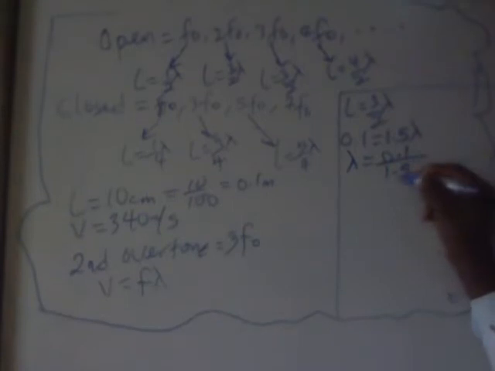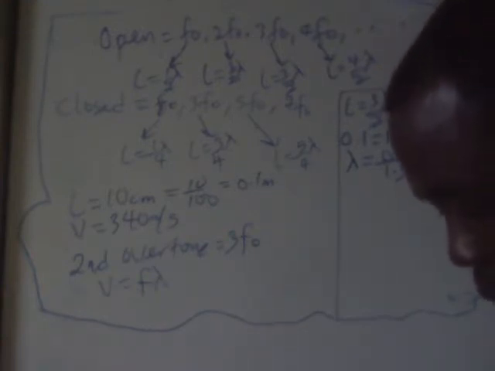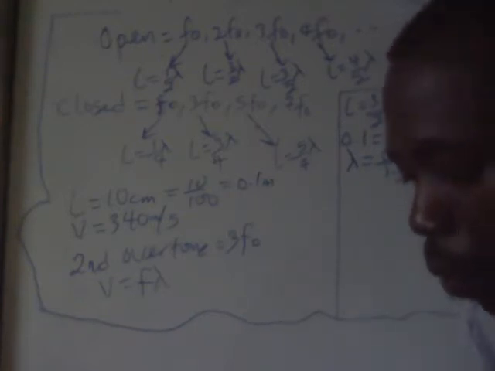Making reference to the formula, wavelength equals 0.1 over 1.5. 0.1 divided by 1.5 equals 0.067. That's 0.067 meters. That's our wavelength.